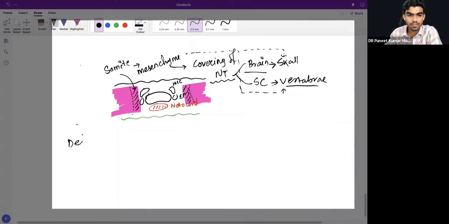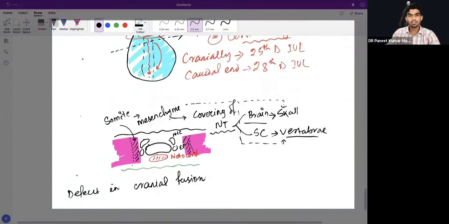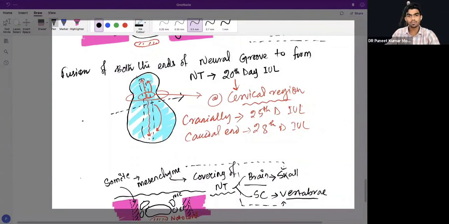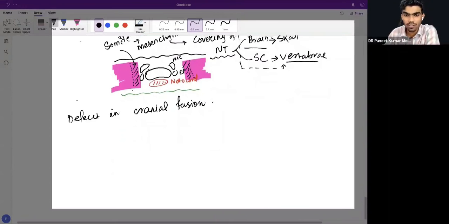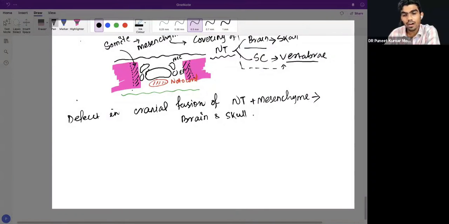there is a defect in cranial fusion, means this end fusion. Okay, if there's a defect in cranial fusion of the neural tube along with the mesenchyme, then the brain and the skull are not complete, underdeveloped.